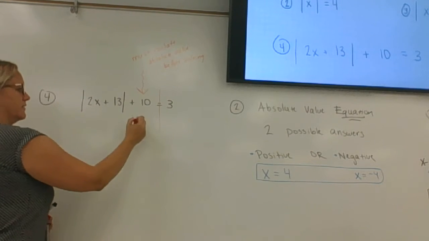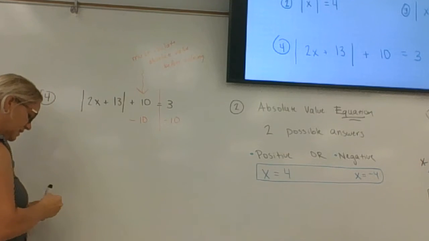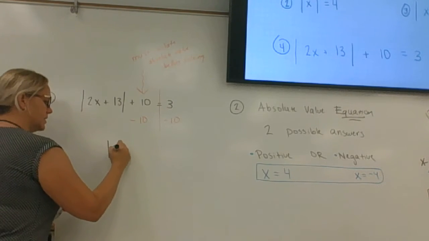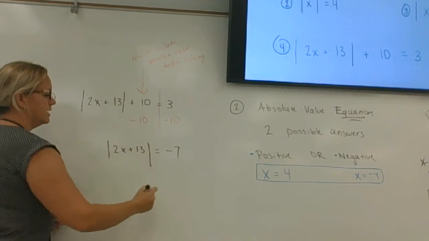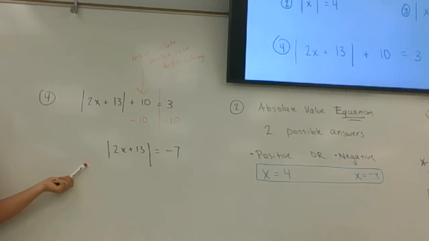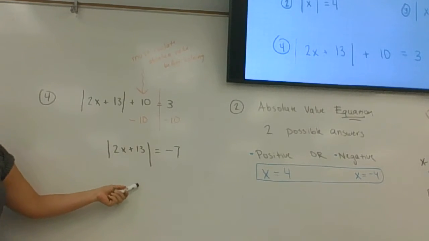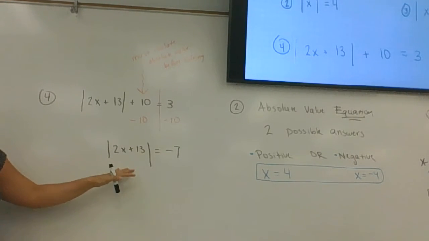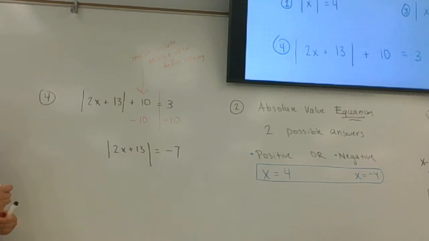Before I can even start solving, I'm going to take 10 away from both sides, and my equation ends up like this. And here's where I have a problem. Here's the no solution. Absolute value should never equal negative. So if the problem is presented as an equation with bars, and the bars equal a negative, it's a no solution equation.